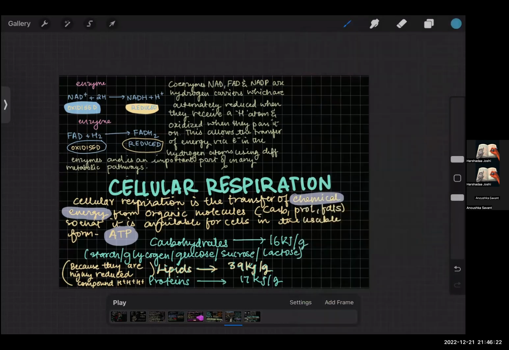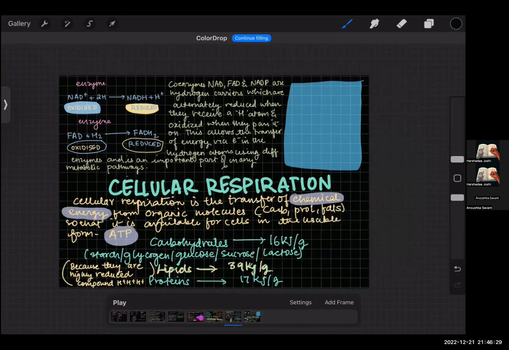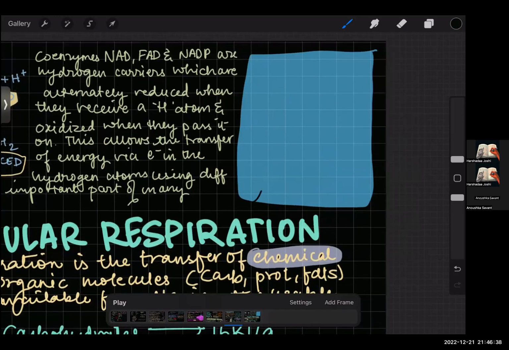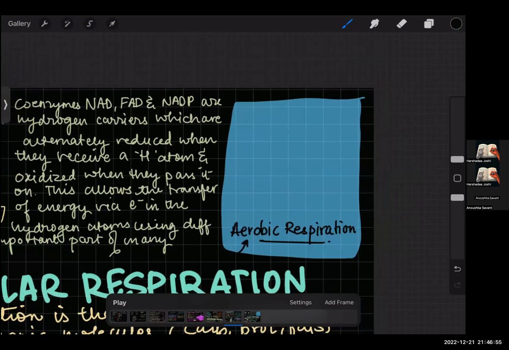Now, I'll write over here all the different reactions that are going to go into place for you to carry out your aerobic respiration. So an important example of cellular respiration is your aerobic respiration, and aerobic respiration is going to have 4 stages.